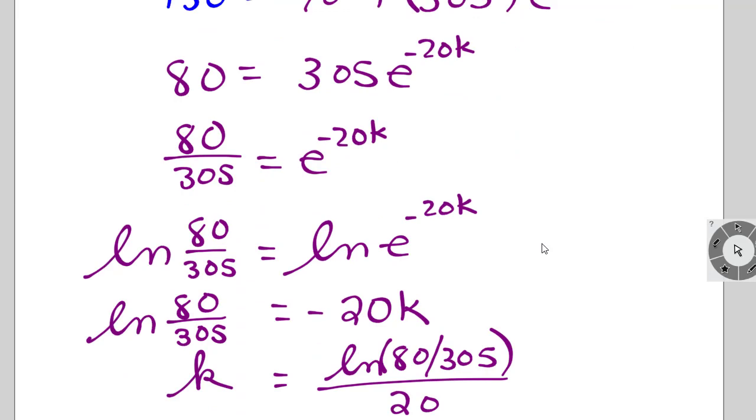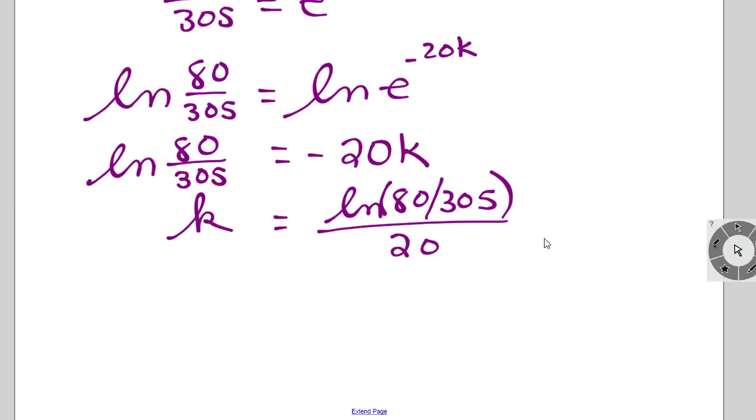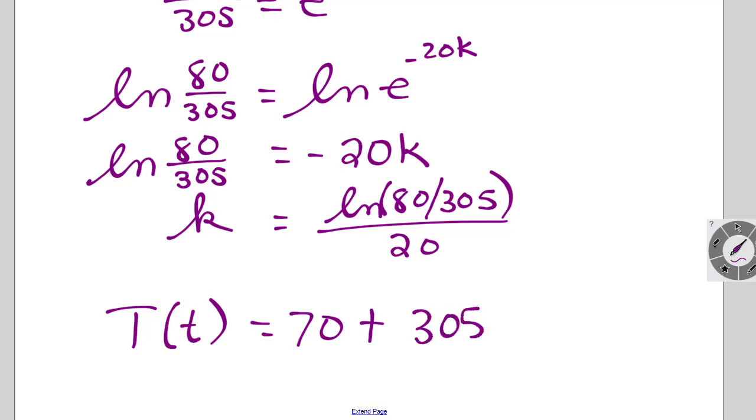So my equation is going to be T(t) is equal to 70 plus 305 e to the negative 0.0669t.